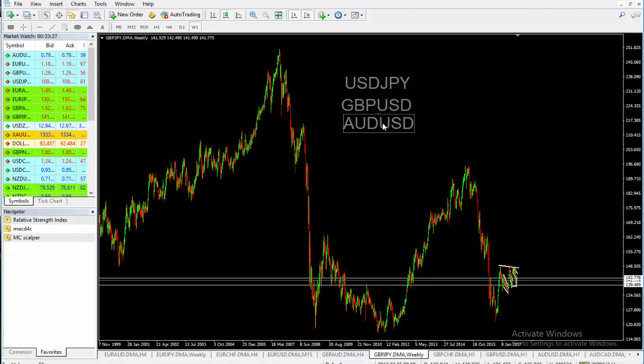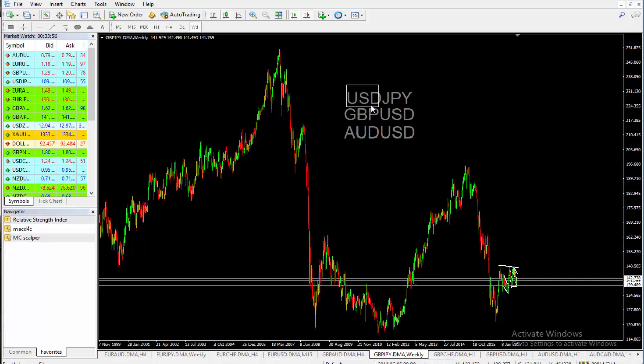So what I want to help you guys with is, in future, take my advice. In future, whenever you take a trade, especially if you're going to trade multiple pairs, you must be able to know the currency pairs that you are trading. For example, look at the quote here. The quote here is USD.